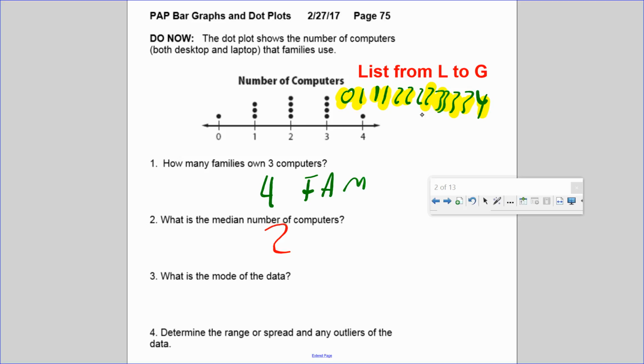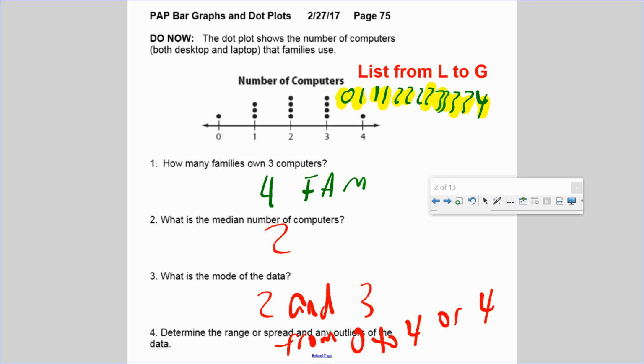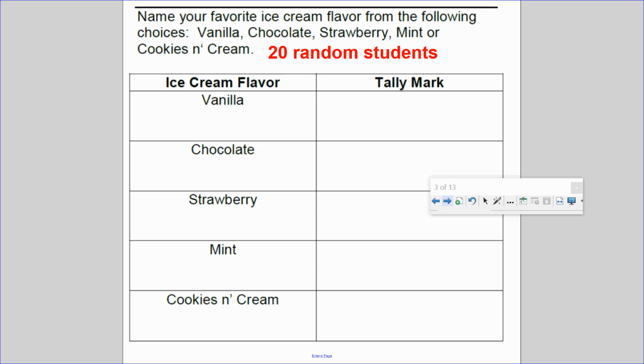There's a tie between 2 and 3 computers. Determine the range or spread. The range is from 0 all the way to 4, or 4. Are there any outliers? Are there any numbers that lie outside a normal range? No, there isn't.